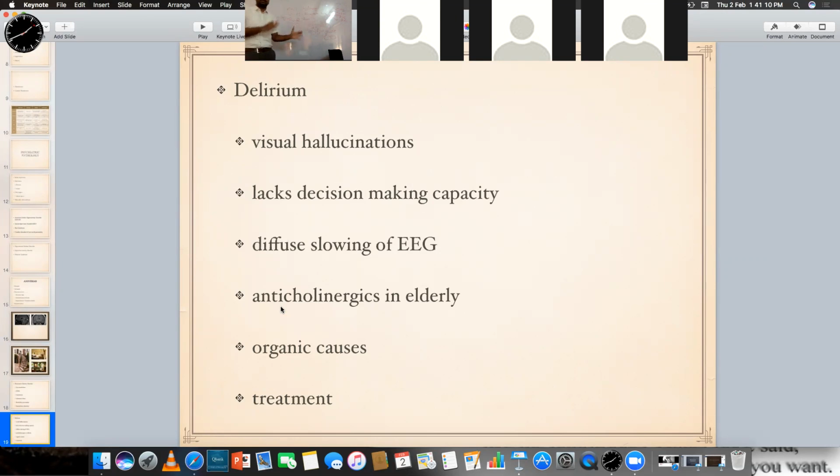So that is delirium. This happens especially in the elderly. Anticholinergics are contraindicated among elderly. So you want to make sure that in a prescription, if there is some anticholinergic, try to avoid it.